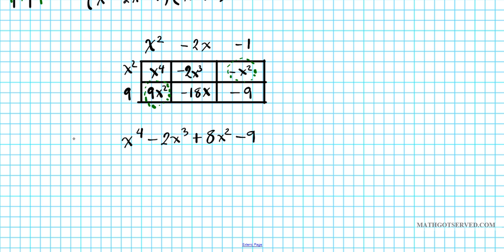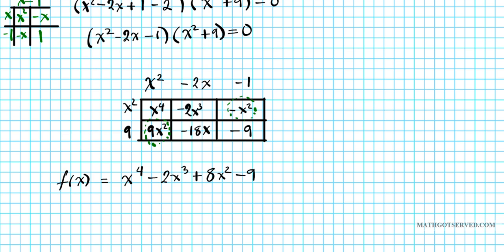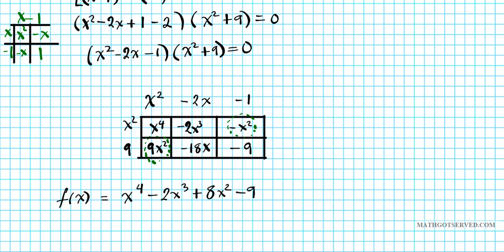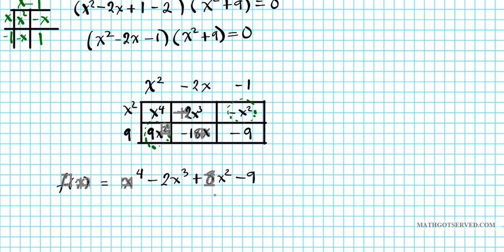This is the polynomial of this degree that has 1 plus root 2 and 3i as zeros. Let me see, I made a mistake here. Oh, I left out negative 18x, so let's put that in there. That's really important. I jumped to the constant, so don't forget the negative 18x minus 9.